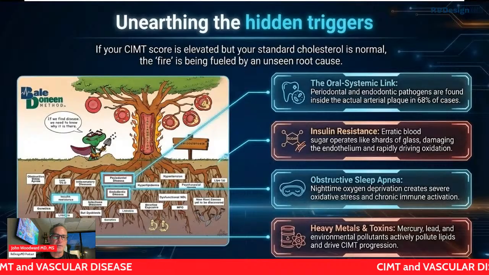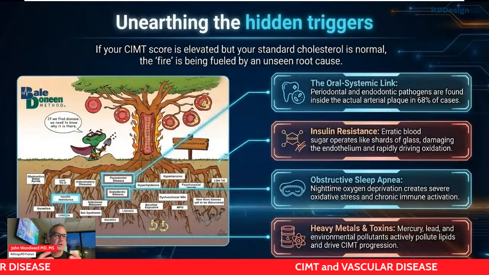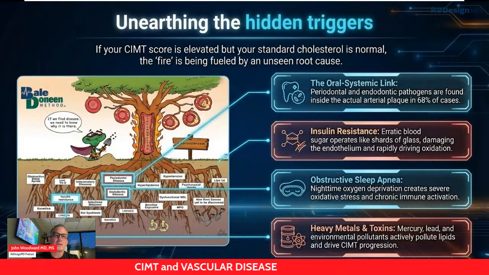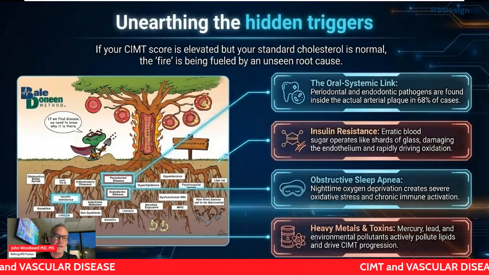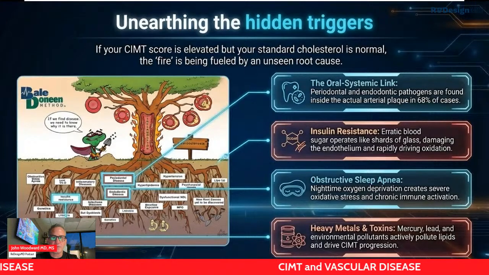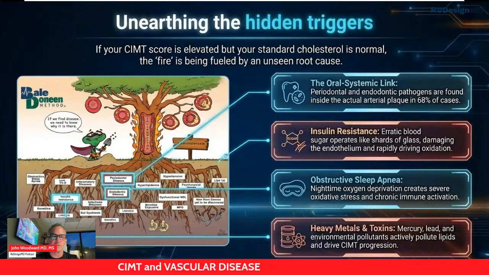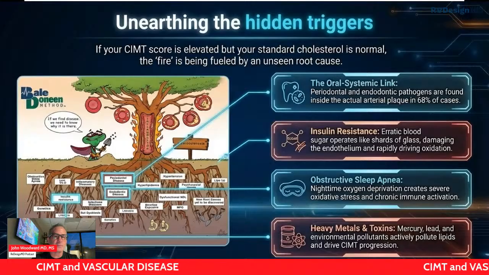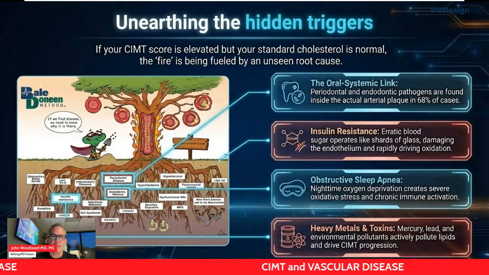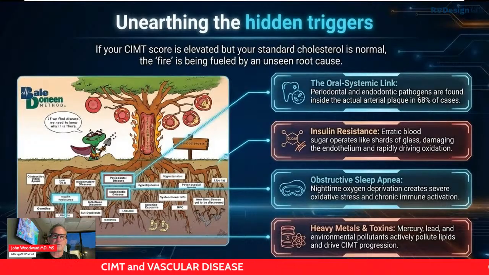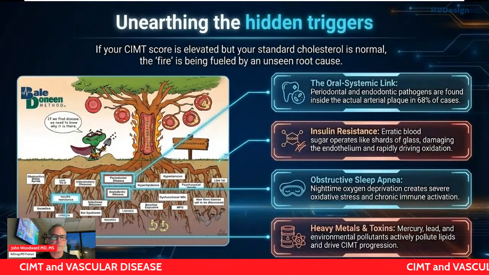This is why in your annual exams, we ask, are you up to date with your dental appointments, with your personal hygiene practice? Do you have uncovered illness and infection in your mouth? These pathogens, they find, are actually embedded in 68% of the plaques in the coronary arteries in some of these studies. Insulin resistance is a major piece that causes damage to the endothelial layer, that innermost layer of the blood vessel, and rapidly drives oxidation.